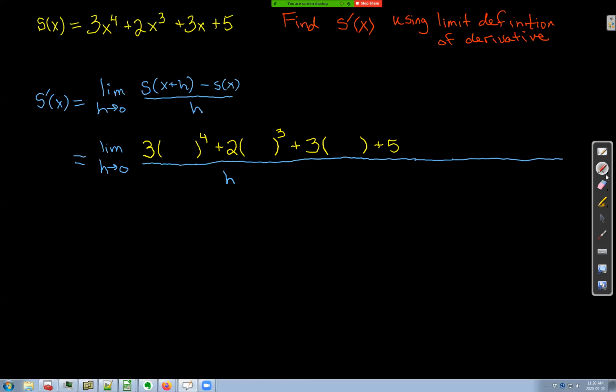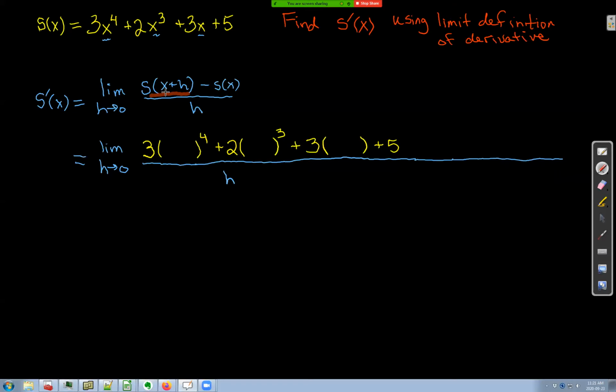What I'm trying to figure out is s of x plus h. It's exactly what you get here, only everywhere I see an x, I replace it by x plus h. That's why I wrote it like this, because those blanks represent the input.